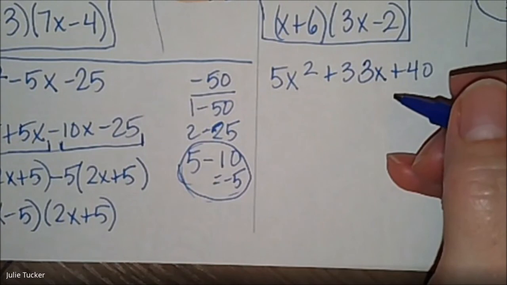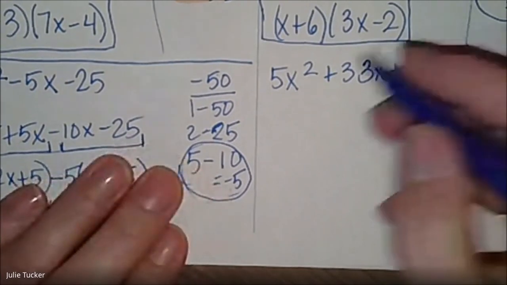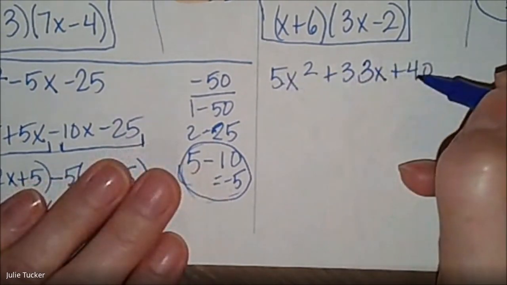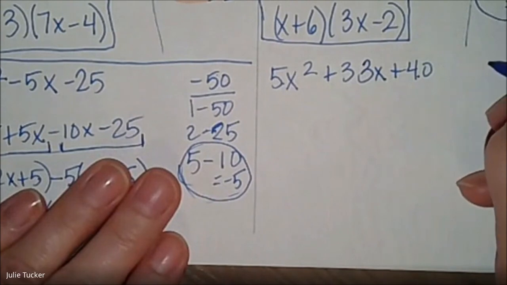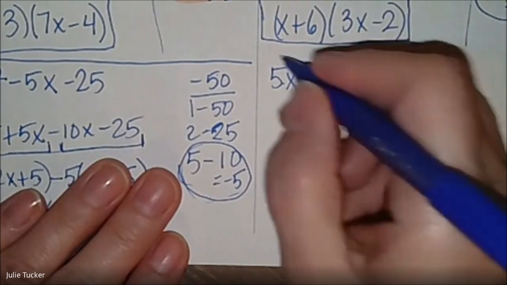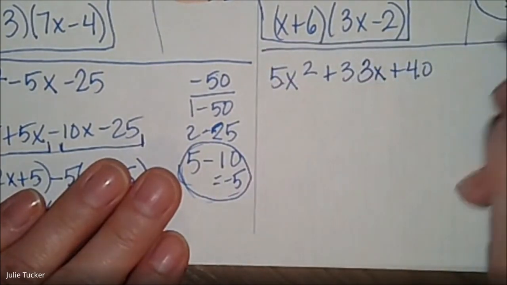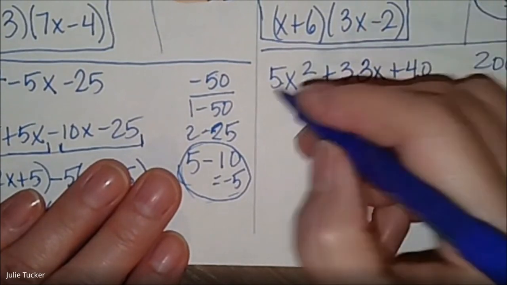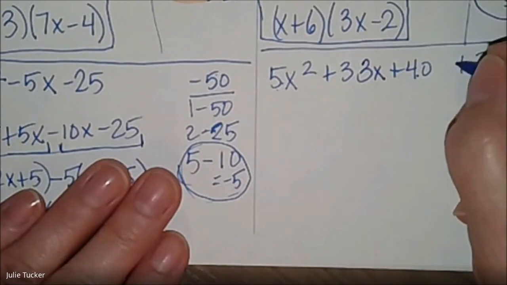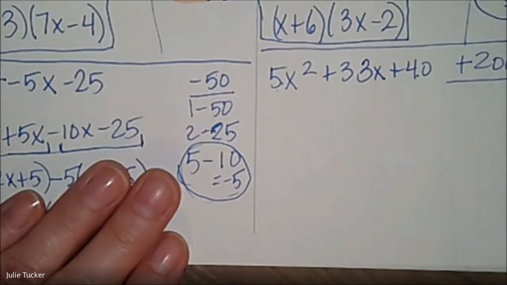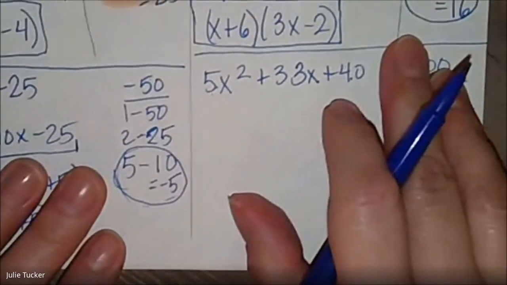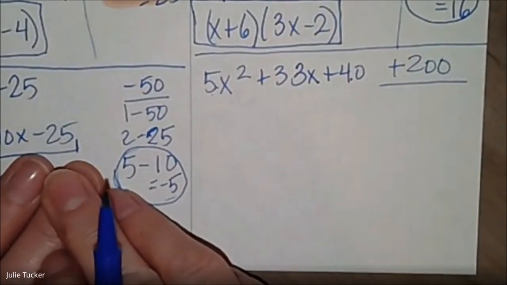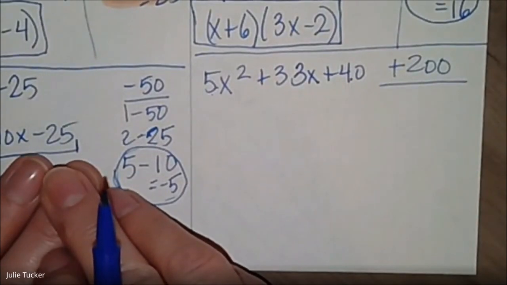Okay. So A times C is 5 times 40, and that is 200. And it's positive. So positive times positive gave us a positive 200. That means when we go list our factors, instead of subtracting them this time, we're going to add them.